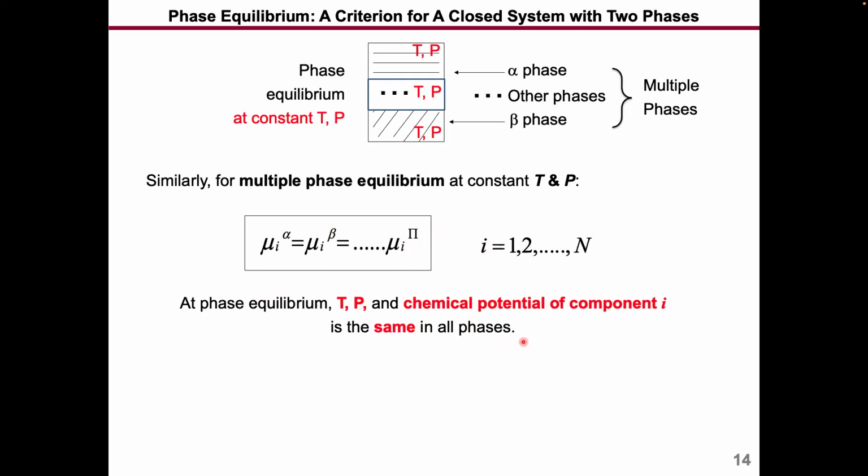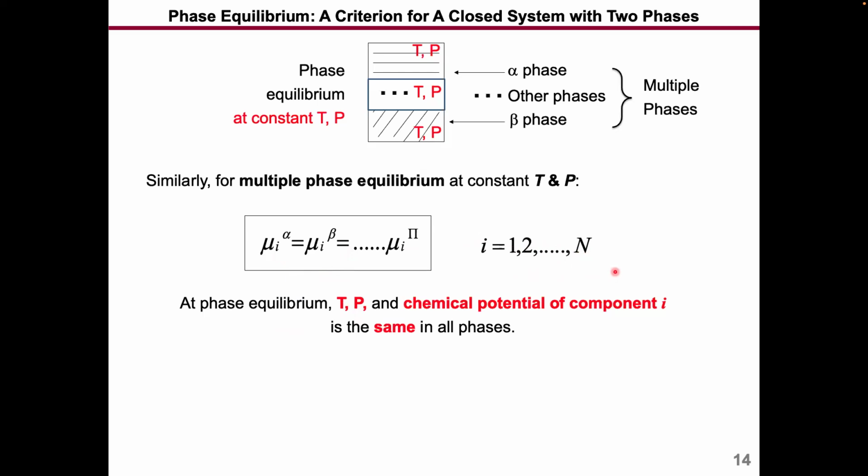You can imagine this chemical potential is driving the component from one phase to the other. When the chemical potential in all phases is equal, then the component stops moving between phases, so your phases reach equilibrium. Again, you can have i equal to 1 or 2 or 3, all the way up. But as long as you have a chemical potential difference of a particular species in different phases, then your system is not in the equilibrium state.